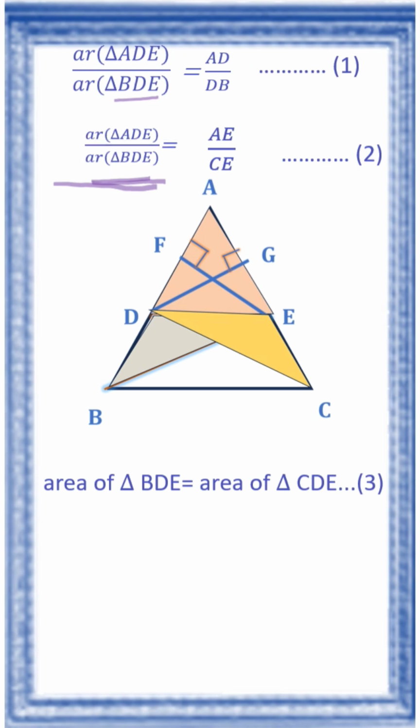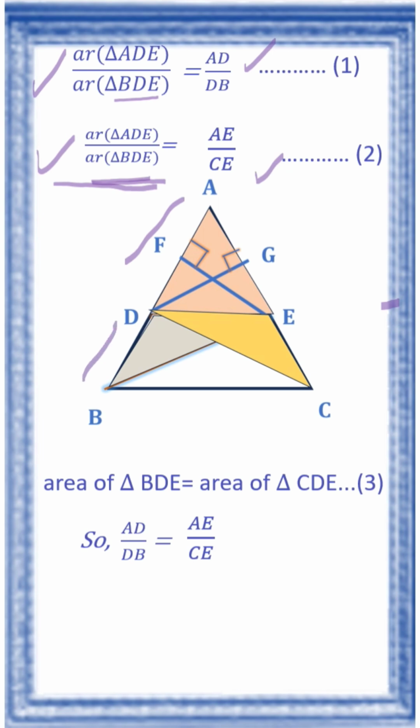Now area of triangle ADE by area of triangle BDE is equal to AE by CE. So LHS and LHS are equal, so RHS should be equal. So now we have AD divided by DB is equal to AE by EC. Hence proved.